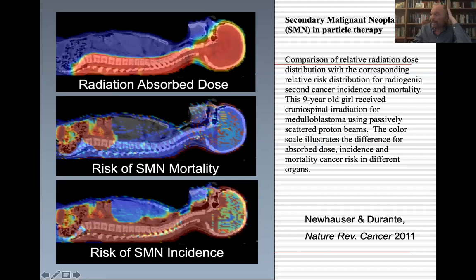And you see that, surprisingly, if you do a voxel-based analysis and look at the mortality, the mortality is higher in the area of the stomach and pancreas than in the high dose region. This is interesting because eventually, if we can provide radiation oncologists also with information on second cancers, that will certainly be very valuable.